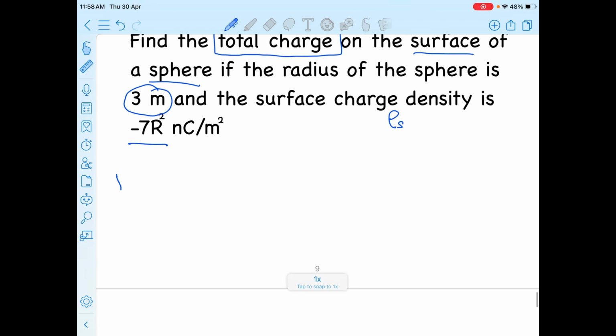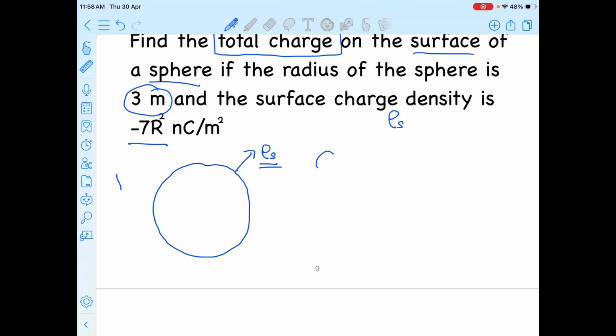So now your structure is a sphere, and on the surface of the sphere there is a surface charge density. So they give you the rho s.